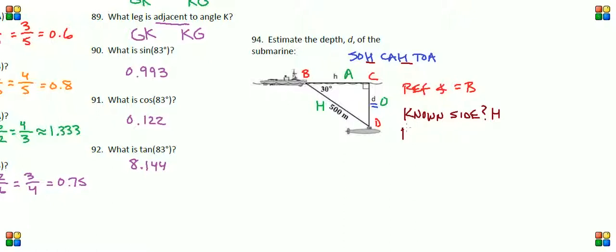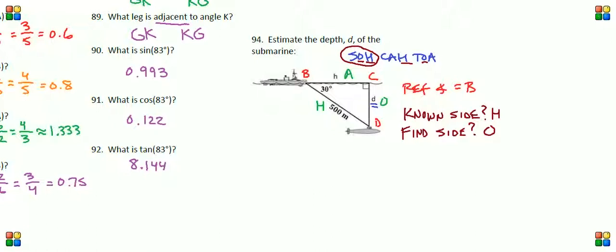And the next question is, which side do we want to find? So find side. We want to find side CD, which is opposite. We'll underline the O in SOHCAHTOA. And we have seen that we are selecting the trig function sine, the sine function.